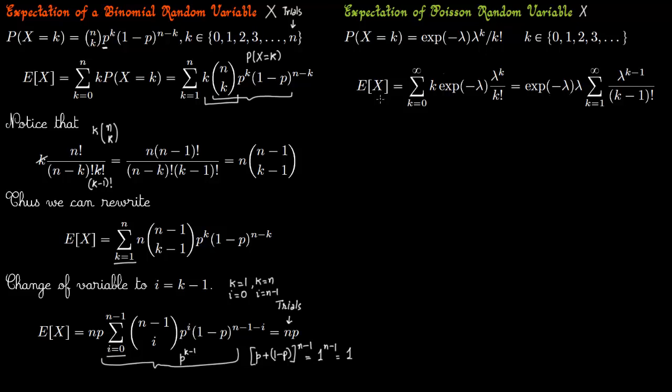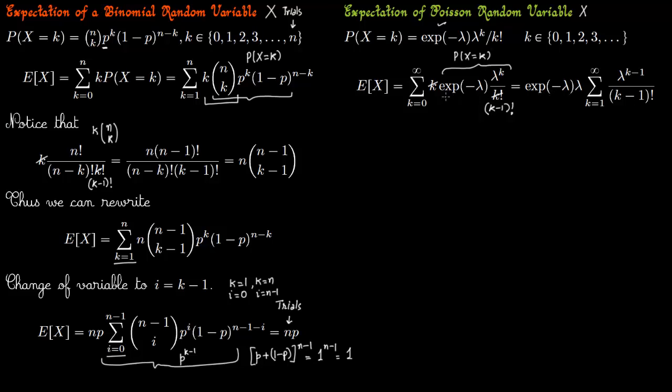So the expectation of the random variable is the sum of k times the probability that X is equal to k. So we are copying this formula down here. Now first thing you do is you cancel k with k factorial. You have (k minus 1) factorial here.